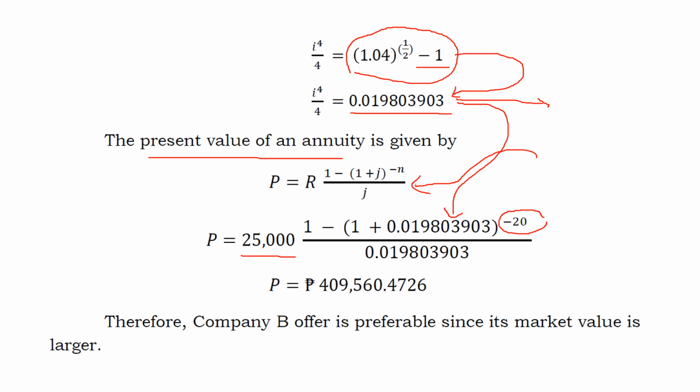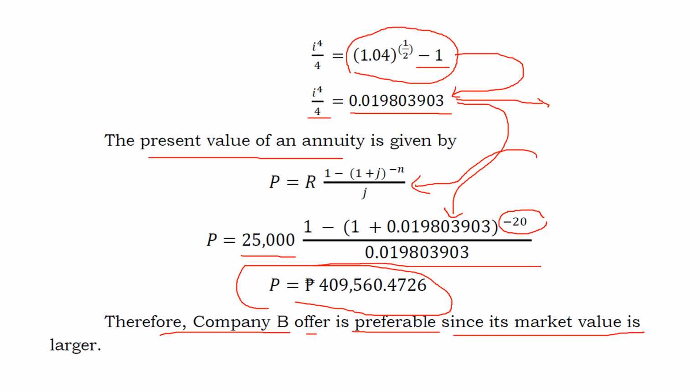So that's why we divide it by 4 for us to convert this one to annually. So upon substituting the given values in the formula, our P now is equal to 409,560.4726 pesos. So therefore, company B offer is preferable since its market value is larger. So that is your company B.